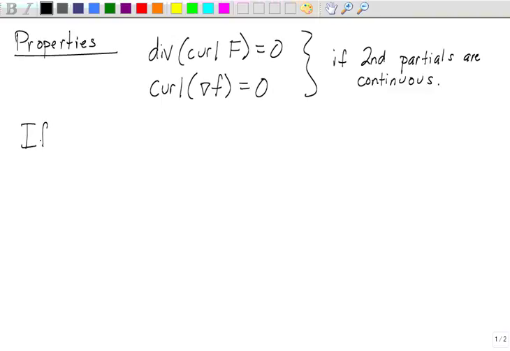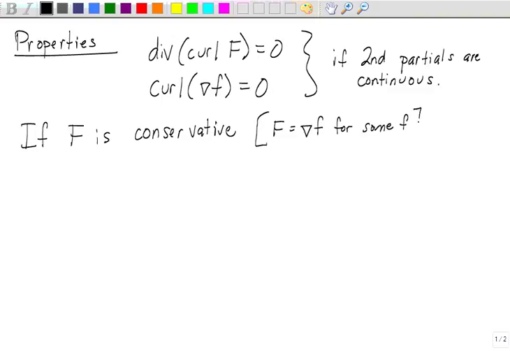Also, if F is conservative, which means F is equal to the gradient of some function f, then the curl of F is equal to 0.